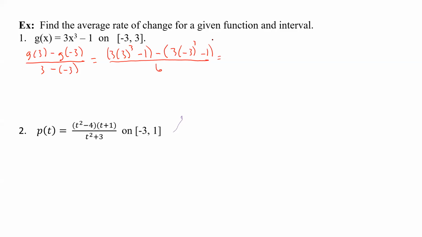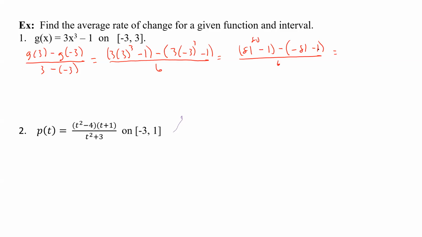Okay, so now we just have to do some simplification. So here we have 3 times 3 is 9, times 3 is 27, times 3 is going to be 81. And then we have minus 1, then minus. And here we have the same thing, except it's going to be a negative 81 minus 1, all over 6. Well, 81 minus 1 is 80.